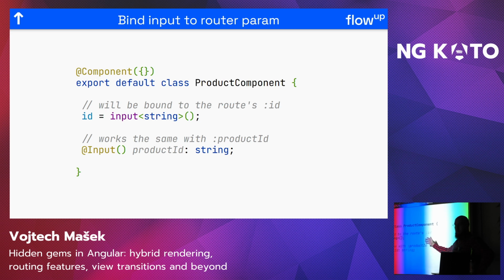So this would auto bind to parameters of your route configuration, which is quite nice already. Not only can it bind to route configuration, it can also bind to query params. Just make sure you don't conflict the names, because if you have ID in the query params, I'm not sure which one it will pick up, but you will soon find out. But I wonder why it's not a default setting. Yes, because it would break many applications.